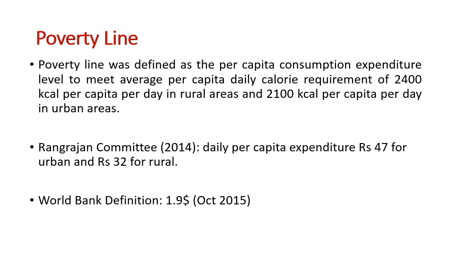The first definition is based on calorie consumption. If a person is earning money that is not enough to manage 2400 kilocalories per person in rural areas and 2100 kilocalories in urban areas, then he or she is considered below the poverty line.